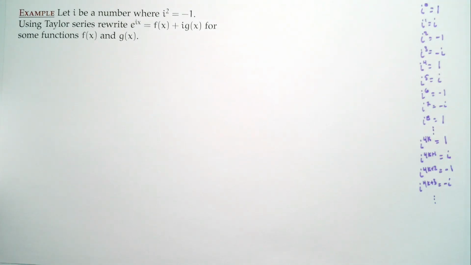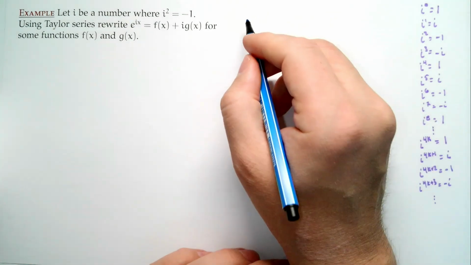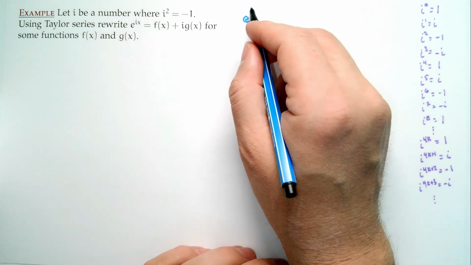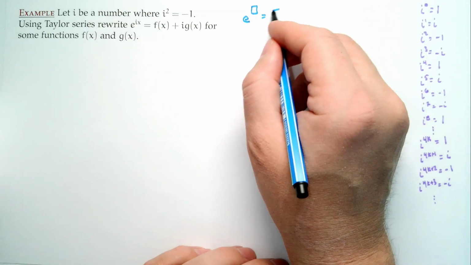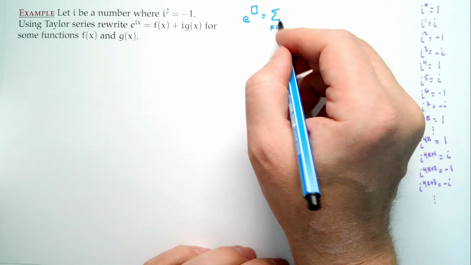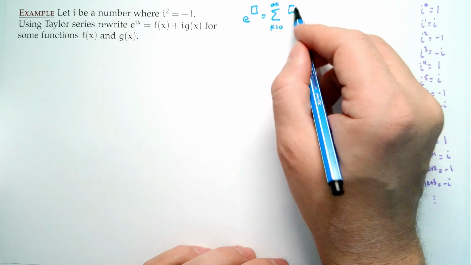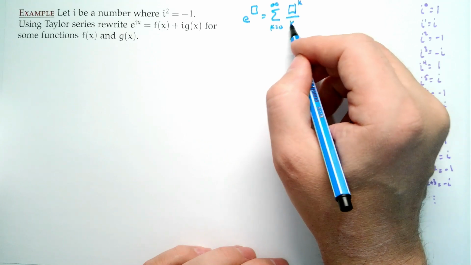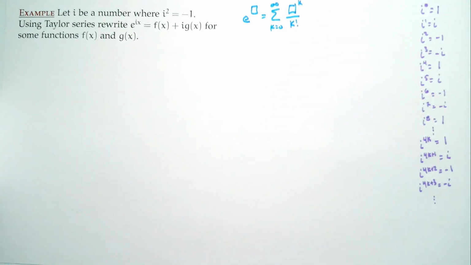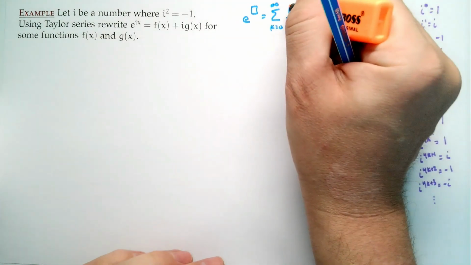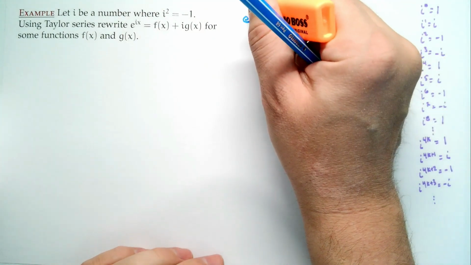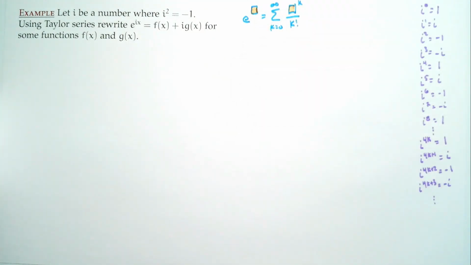Now, here we go. We have our generic formula: e to something is the summation, k equals 0 to infinity, of that something to the k over k factorial. That's just our rule. We know it because the exponential is one of our most important Taylor series, so we want to make sure we have that down with a really solid understanding.